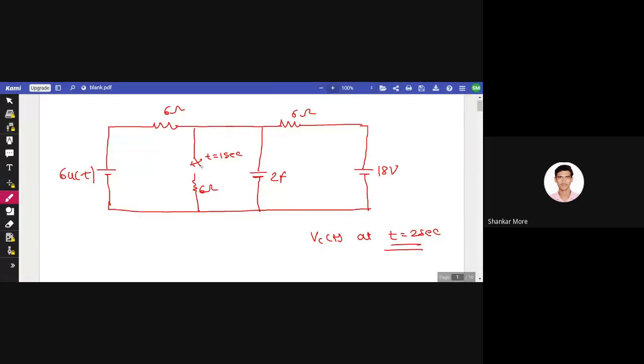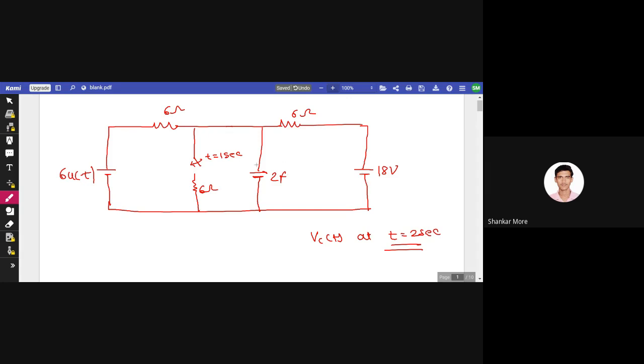So when we are talking about 2 seconds, this switch will be closed, isn't it? If this switch is closed, see, this capacitor has voltage sources connected to it, this source and this source.